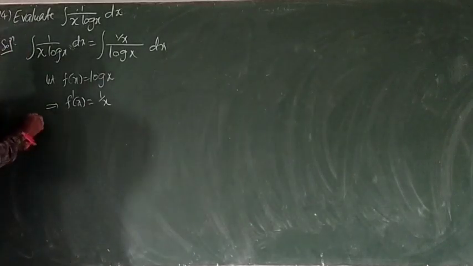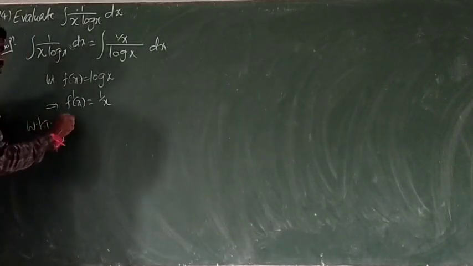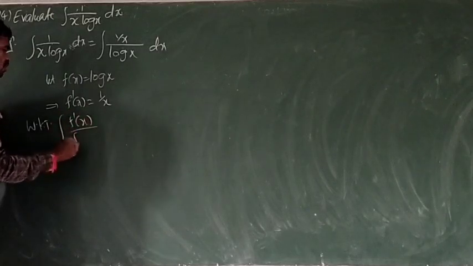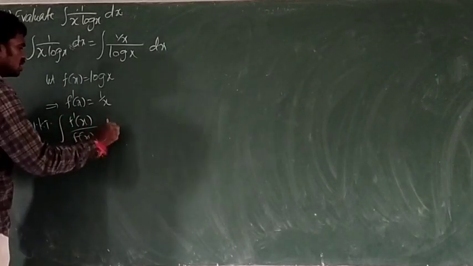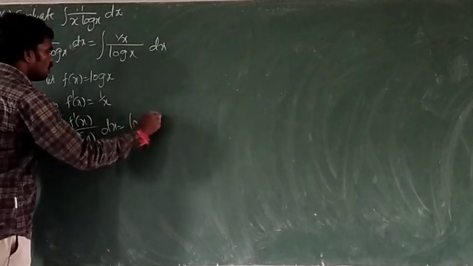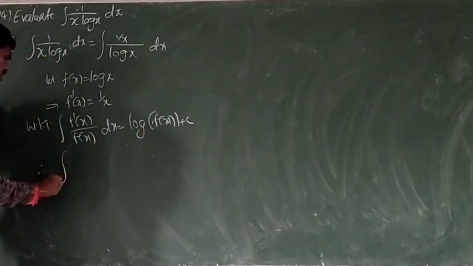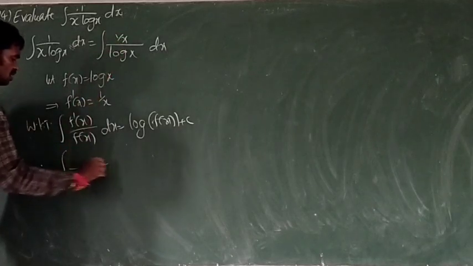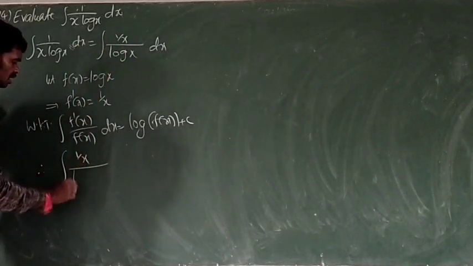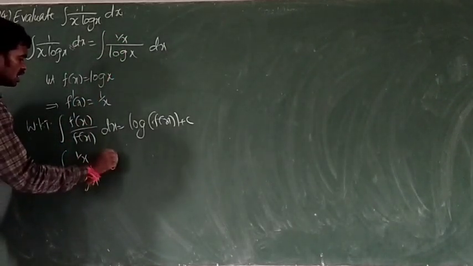We know that the integral of f dash of x by f of x dx is equal to log of f of x plus c. So therefore, I am taking the integral of 1 by x by log x dx.